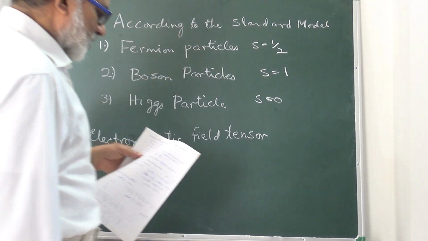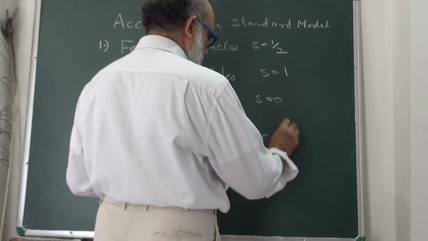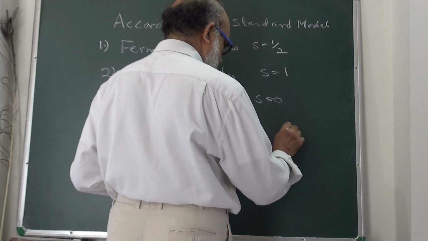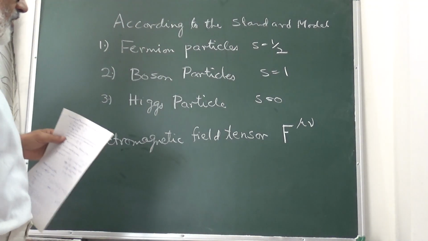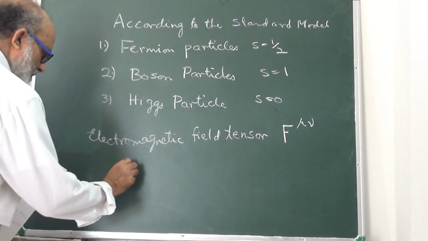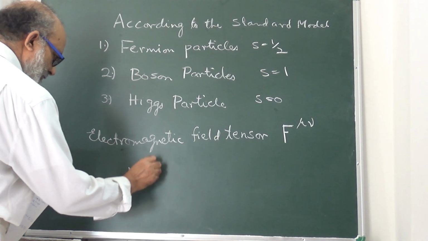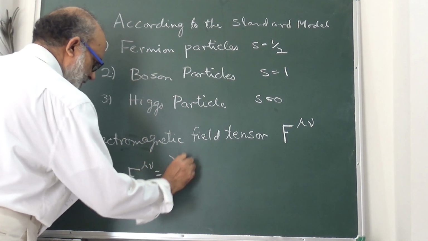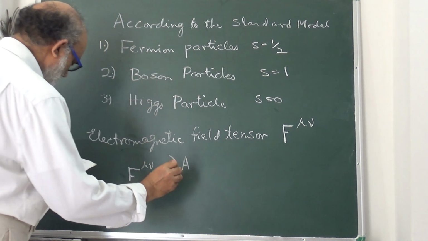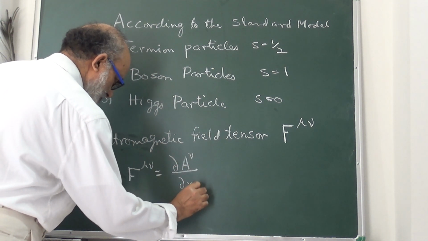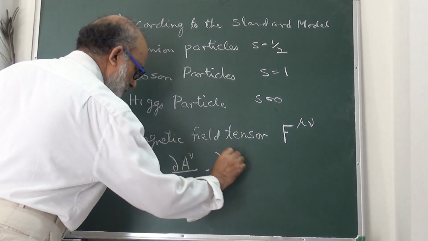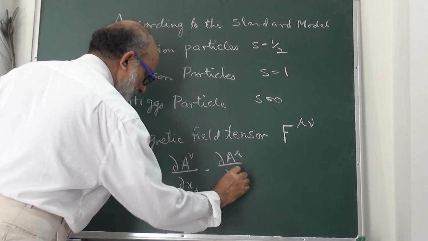The electromagnetic field tensor is denoted as F mu nu, where F mu nu is delta A nu by delta x mu minus delta A mu by delta x nu.